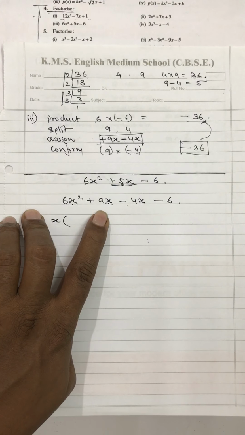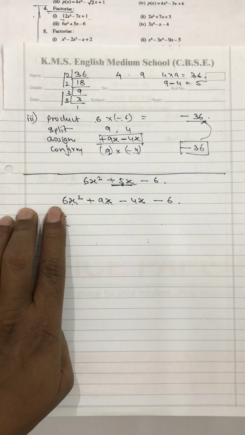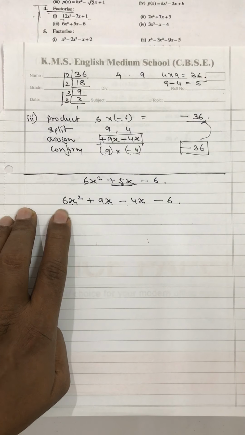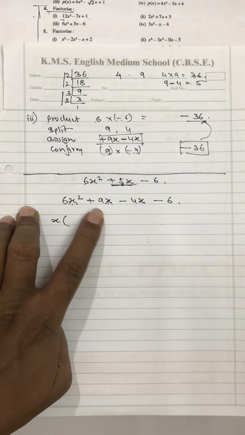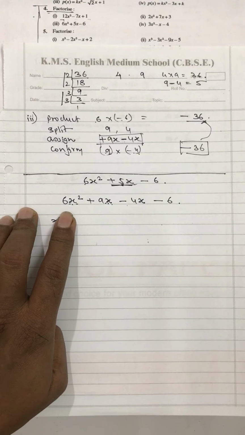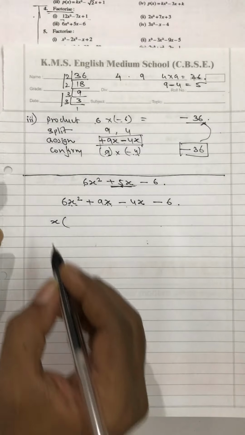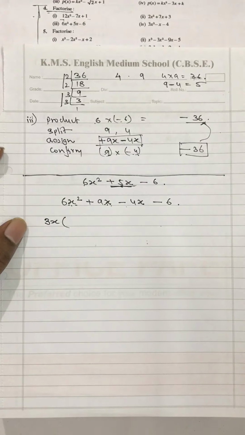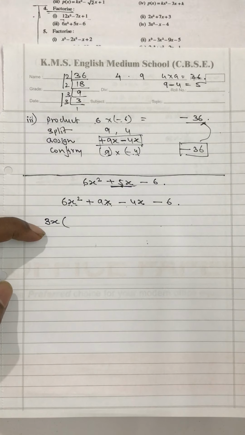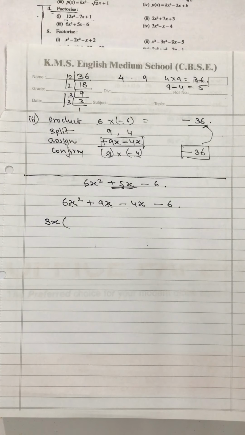So you have to search for the greatest number which can divide 6 also and 9 also. See, 2 can divide 6 but 2 cannot divide 9. 3 can divide 6 and also 9. 4 can divide nobody. 5 can divide nobody. 6, we have reached. So 3 is the only number. So 3 will go outside the bracket. 3 is the only number which can divide both. Only number means only greatest number.